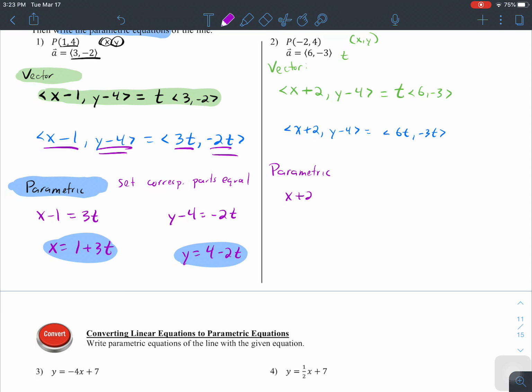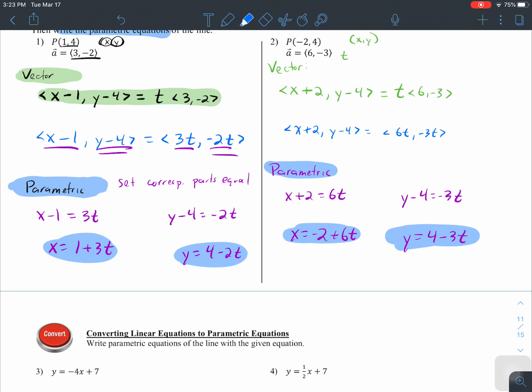I would say x plus 2 equals 6t. I would say y minus 4 equals -3t. So x equals -2 plus 6t. Y equals 4 minus 3t. And there are your parametric equations. Two equations, one for the horizontal and one for the vertical.